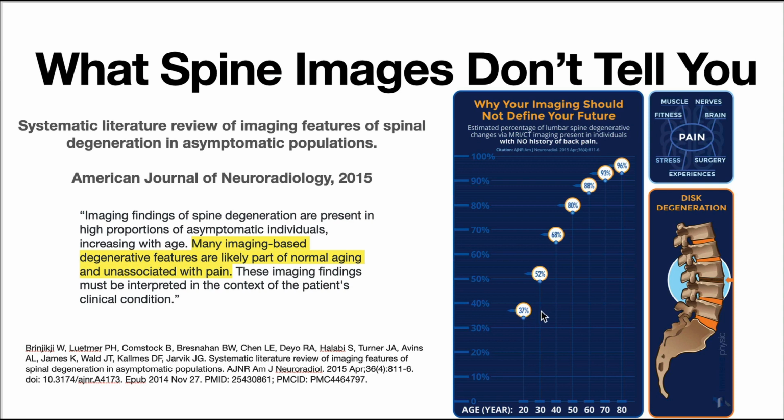As we go up in age, more and more changes are occurring in the spine that are being picked up on MRIs or X-rays in people that have no history of back pain. So this is showing that as we age, we have normal degenerative changes in our spine, which may or may not have anything to do with our back pain.